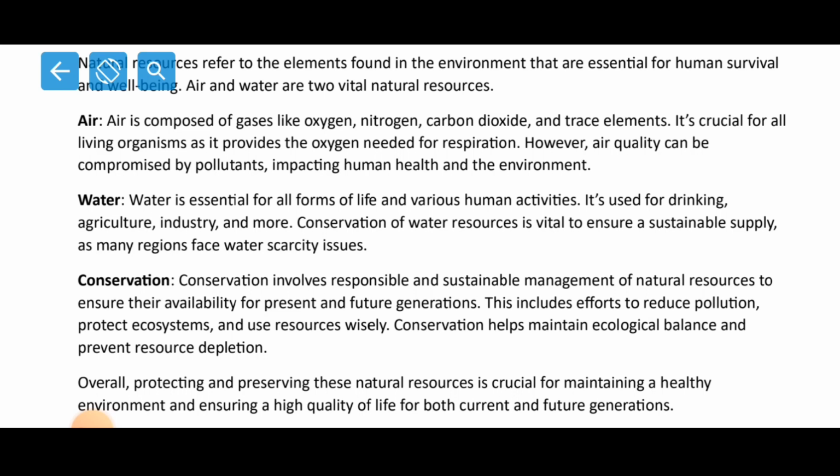Why? Because the maximum water is taken up by the oceans, the big oceans. All the water of these oceans is salty in nature, so we will not be able to drink it.